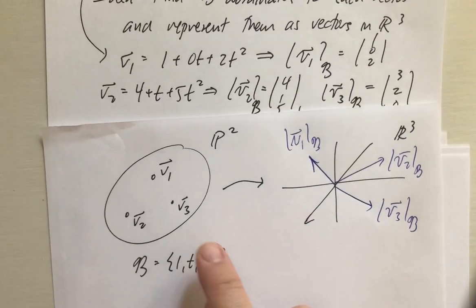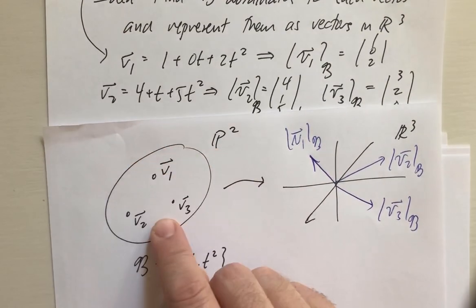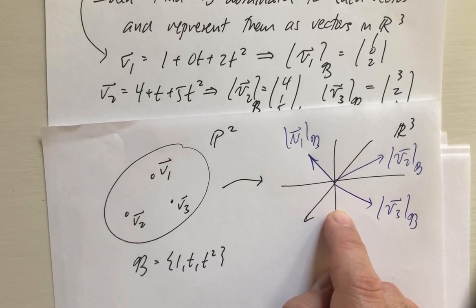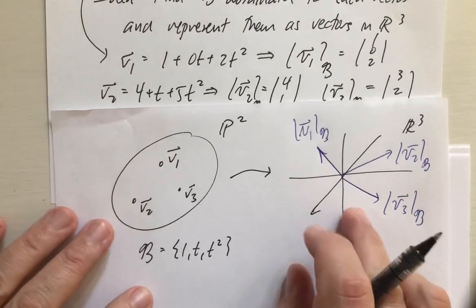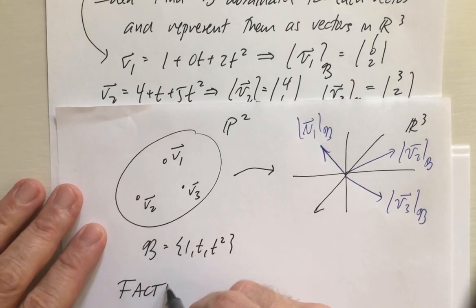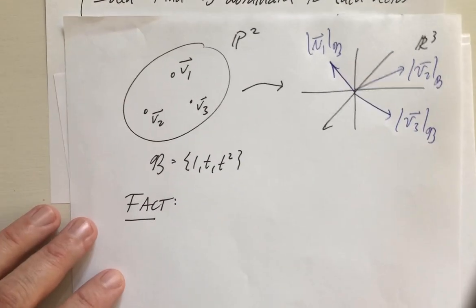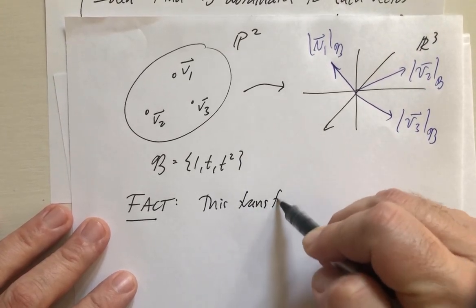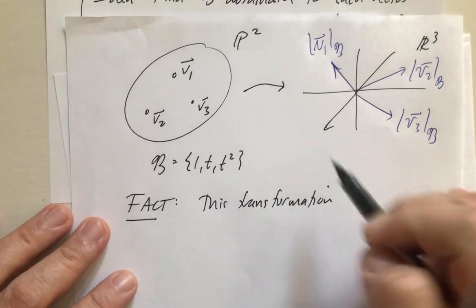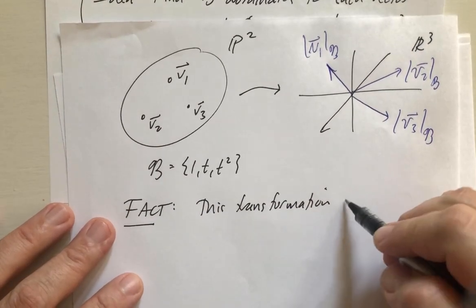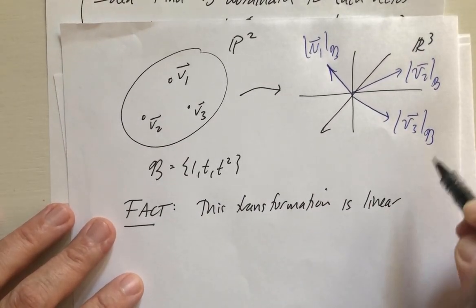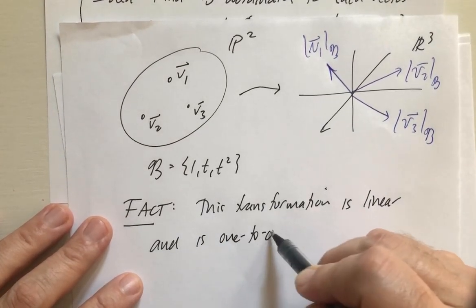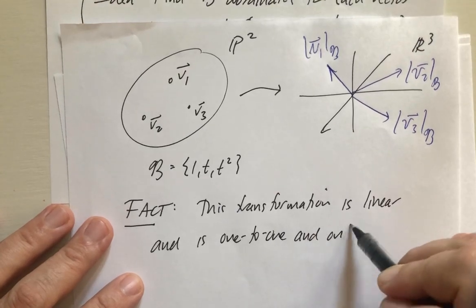Okay, so hopefully this is making some sense that I'm taking vectors in this P2, with respect to this basis, it gives me vectors in R3, and I'm going to mostly rely on the book to justify here that this transformation that eats vectors in P2 and spits them out in R3 is linear and is one-to-one and onto.